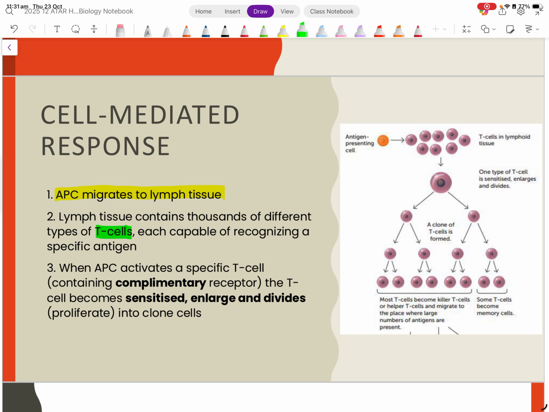Now, when this antigen-presenting cell activates a specific T cell containing the complementary receptor, it's going to go through the same kind of stages as that we looked at in the previous lesson with humoral immunity. So it becomes sensitized, it enlarges, it divides, it goes through that process of proliferation. So the key distinction here with the cell-mediated response so far is that we're looking at the action of T cells and not B cells.